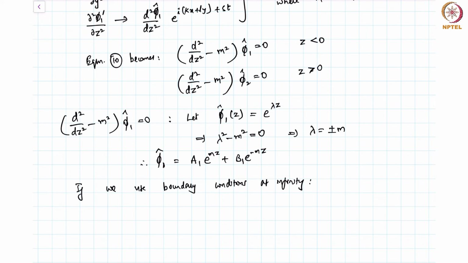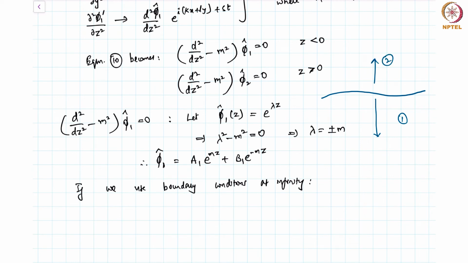It says that as you go far away from the interface, the perturbation quantities have to disappear. Now, in this case, phi 1 is valid below the interface. My interface is basically like this, and this is basically region 1 and this is region 2.